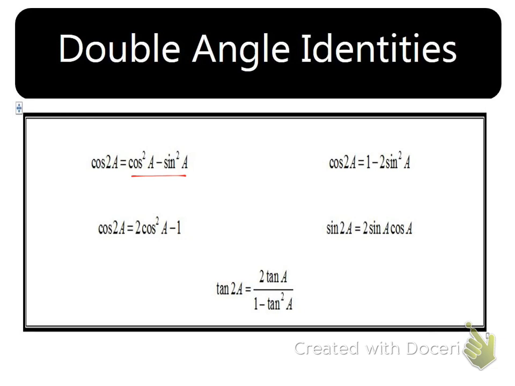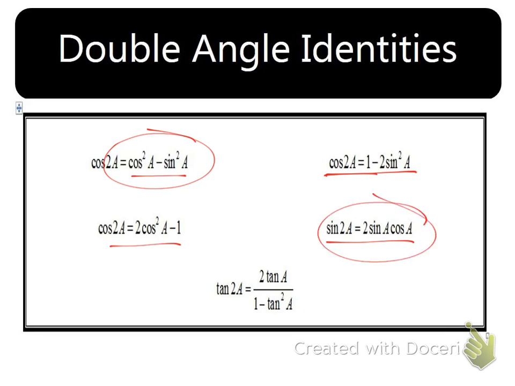You also notice that there are 3 different cosine double angle formulas. Which one you use doesn't matter. Some of it depends on just the information that you have. In the sine formula and 1 of the cosine formulas, you've got to know both sine and cosine of the original angle.